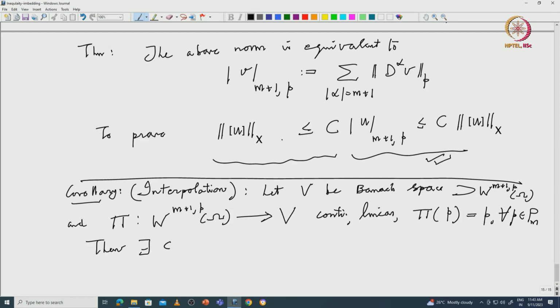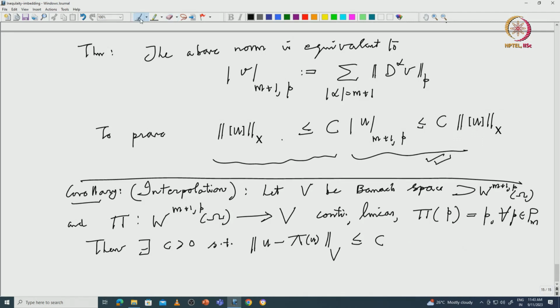Then there exists a positive constant C such that you have an interpolation estimate. You can see that u is your solution, pi is your interpolation, and its error is estimated in V. The norm of u minus pi u in V is less than or equal to a constant times the summation of u at m plus 1, p, of course not the full m plus 1, p; sorry, only the highest order derivatives are counted.